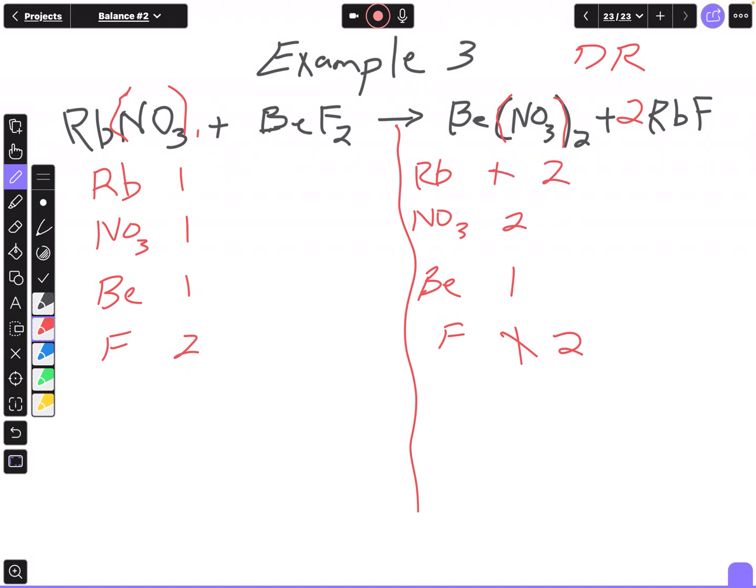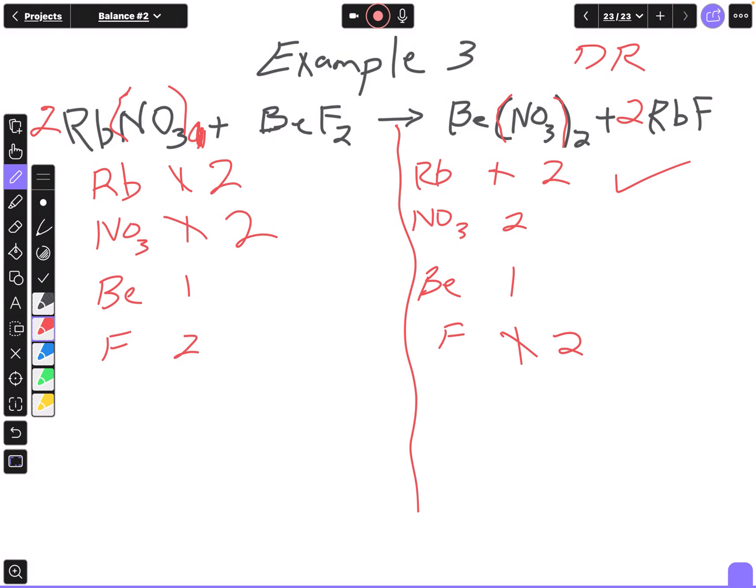Then I go on the left side and let's say I balance my rubidiums. I have to put a 2 in front here. That gives me 2 rubidiums, but it also changes my NO3s. 2 times 1 gives me 2 total, and that balances it out. I got 2 rubidiums, 2 NO3s, 1 and 1 berylliums, 2 fluorines.